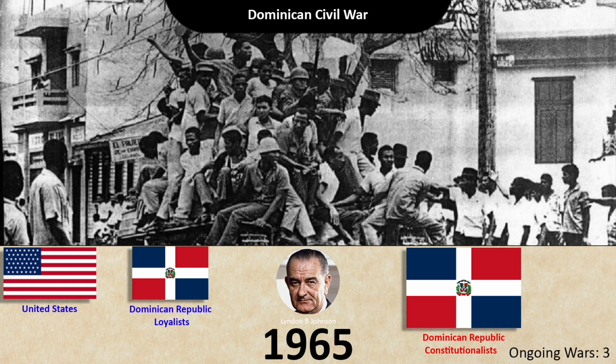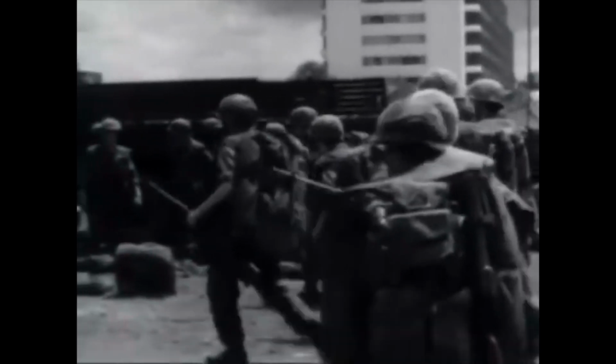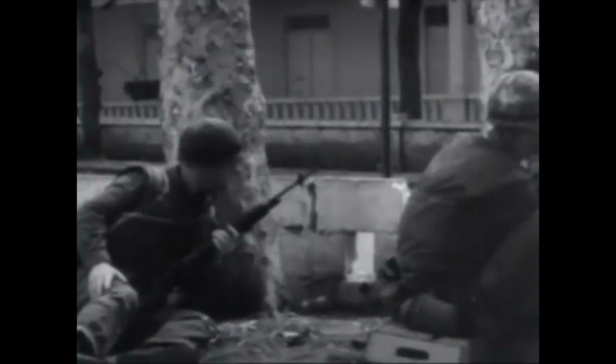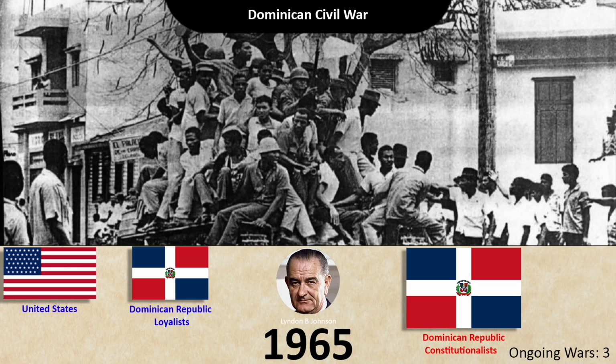Allegations of foreign communist support for the loyalists would then lead to the United States intervention in the conflict. A force of 1,700 Marines would eventually be sent to the Dominican Republic, and there would be a couple of small battles, and eventually the whole situation would be quelled, leading to the first post-war elections being held on July 1st, 1966.